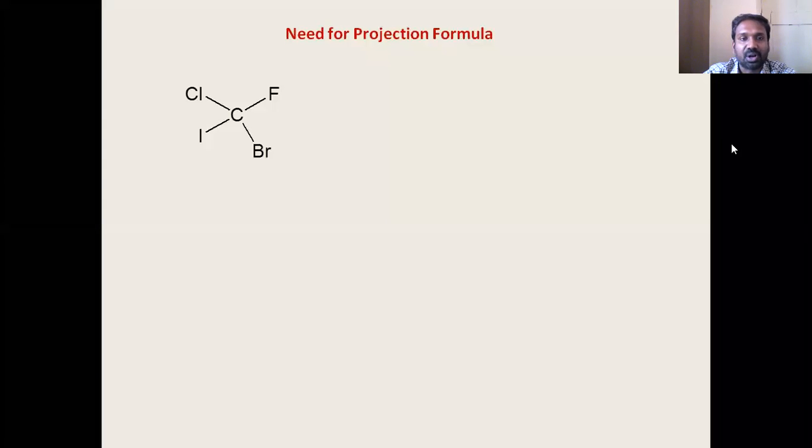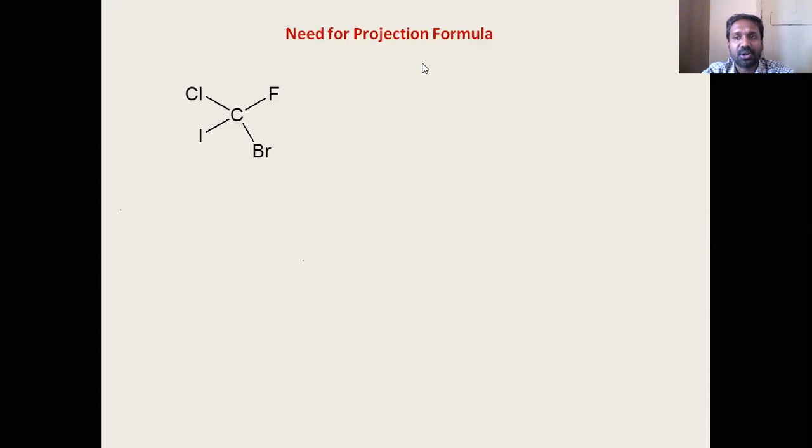Naturally tetrahedral, because the carbon is sp3 hybridized. Now, when the molecule is tetrahedral, automatically it means the molecule is three-dimensional, is it not? Because a tetrahedron is a three-dimensional object.